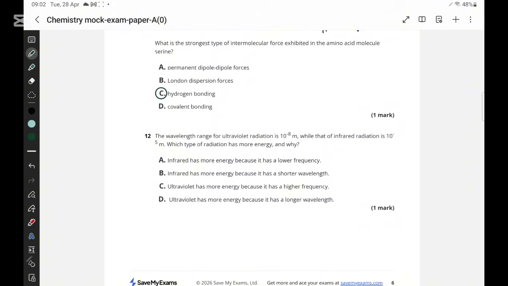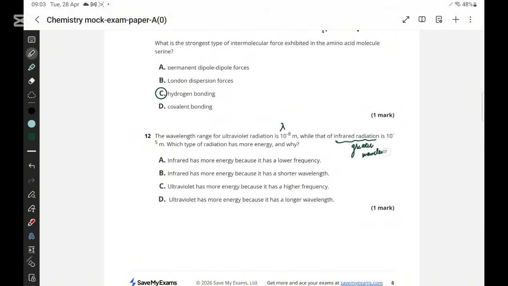For the next question, they are saying the wavelength of ultraviolet radiation is 10 to the power minus 8 meter, and the wavelength of infrared radiation is 10 to the power minus 5 meter. So we can see that the wavelength of infrared radiation is more than that of ultraviolet radiation, so it has the greater wavelength.